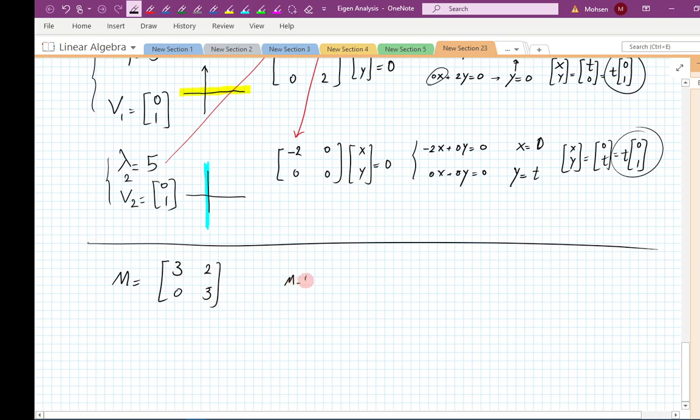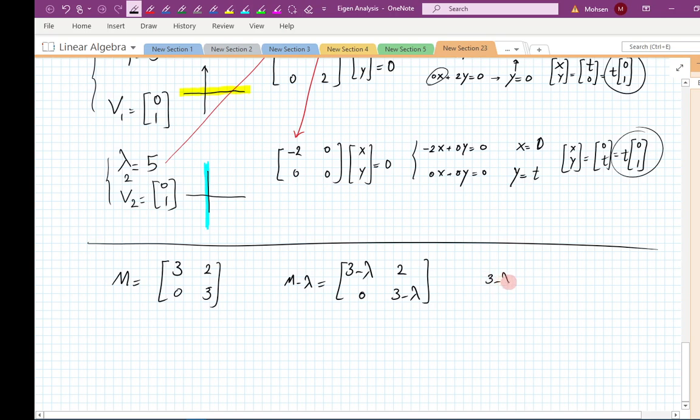First of all, M minus lambda, that is 3 minus lambda, 2, 0, 3 minus lambda. Maybe we should call it the eigenvector alert. There are alerts for everything these days. Eigenvector alert, yes. So, we take a determinant of that.